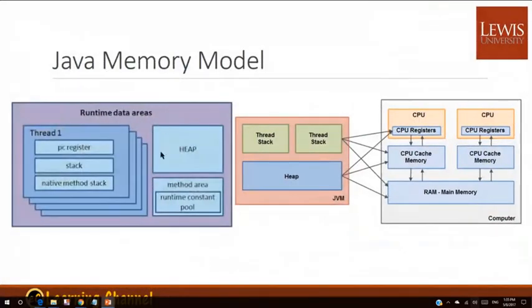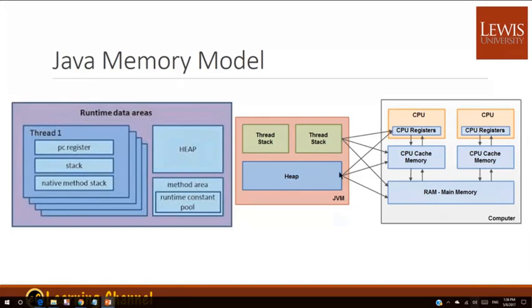Java memory model, as we mentioned, each thread has its own thread image. You have the thread stack and heap. And heap is the general copy. But in your computer system, the heap will be staying in the RAM or main memory, and your thread stack can be in your CPU, or in your memory, or your main memory.